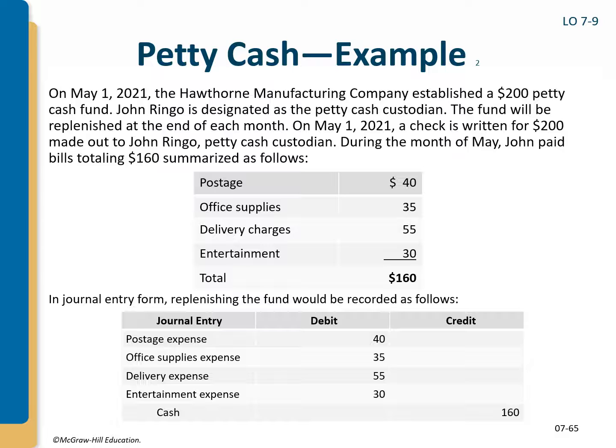So if you decrease petty cash, it's going to have a balance of $40, and it's going to look like that's all the petty cash you have. No, you have $200, and you will always have $200. We get the cash to replenish petty cash from the cash account. So we wait until we're replenishing the petty cash to actually record in the accounts the amounts that petty cash was used for.